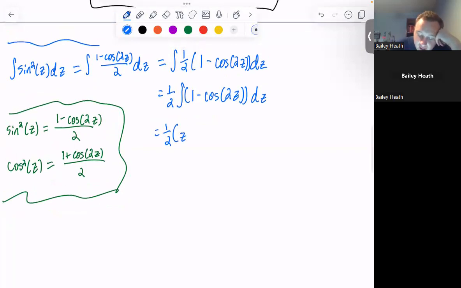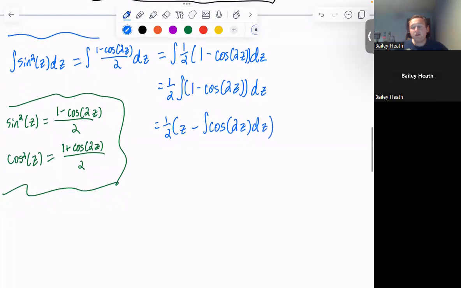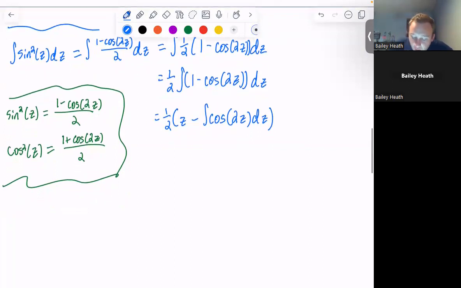So let's actually go ahead and work through this integral here in 2 ways. Or maybe I'll work through it one way, but I'll explain it in 2 different ways. This integral of cosine of 2z. One way that we could go about this is we can say, okay, let u be 2z. So then du is just 2 dz. So what that means is that dz is equal to 1/2 du.